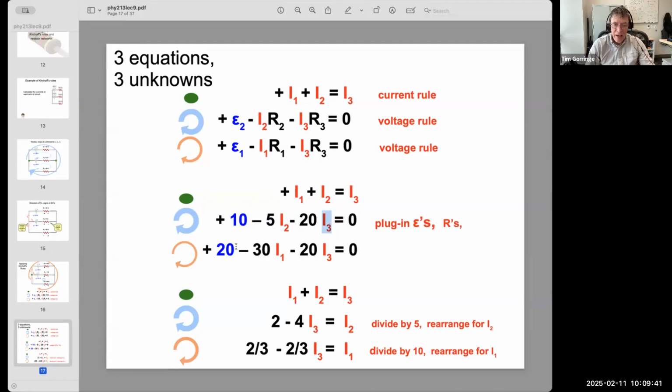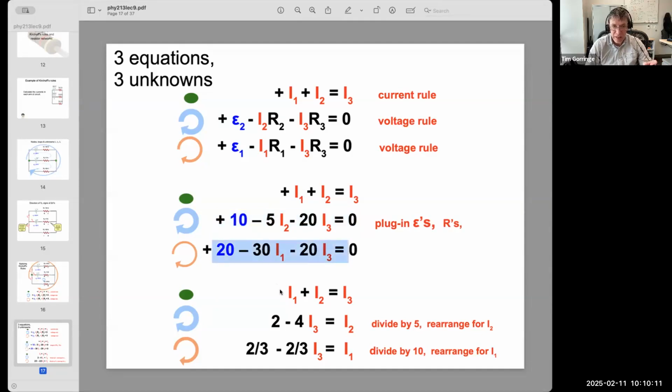The same is true about this equation here. Because it didn't involve the middle arm of the circuit, it is just a relationship between I1 and I3, so I rewrote it as how I1 is related to I3. That's a very handy way of thinking: the middle equation relates I2 and I3, and the bottom equation relates I1 and I3.